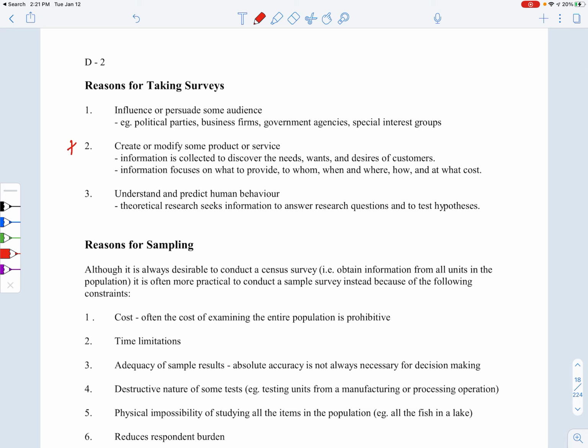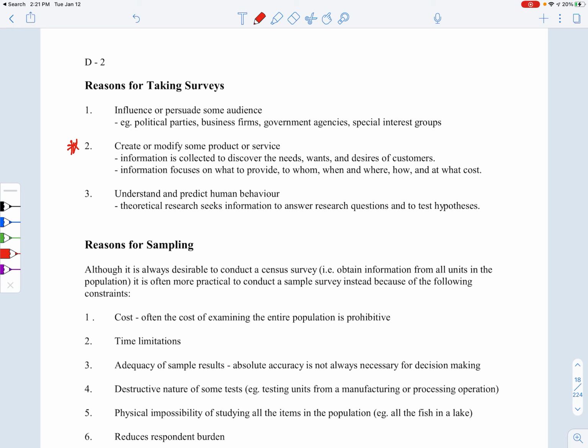Number two is probably a big one for what you folks would be doing here. Create or modify some customer service. So if you're doing a survey for, say, a restaurant in town or some retail store, then you're probably doing a customer satisfaction survey, and the company is interested in finding out, well, what do our customers think of our service, of our products, and so on, and that will help them to improve their service or their products.